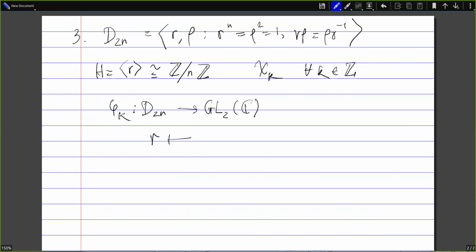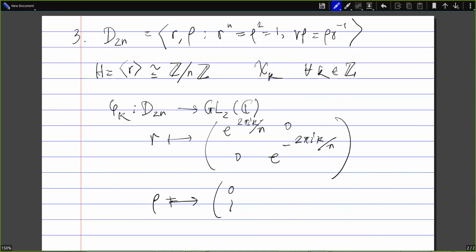So we send R to e to the power 2 pi i k by n, 0, 0, e to the power minus 2 pi i k by n. So this is the image of R, and rho maps to 0 1 1 0.